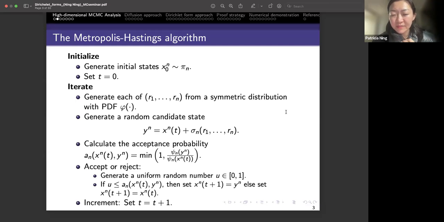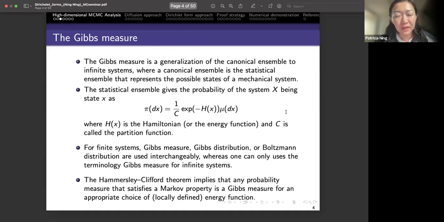If u is less than or equal to the A_n function, then we set x_n^{t+1}, the next step's value, as y_n. Otherwise, we set the next value as x_n^t. Then we go to the next step. This is a very standard setup of the Metropolis-Hastings algorithm, also the very basic one. There are more fancy ones.